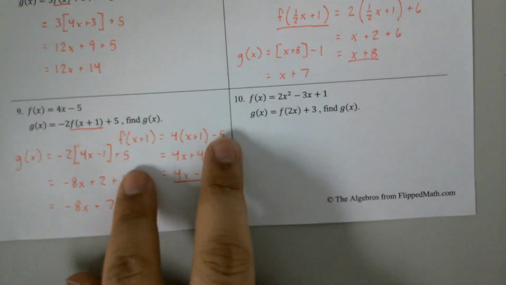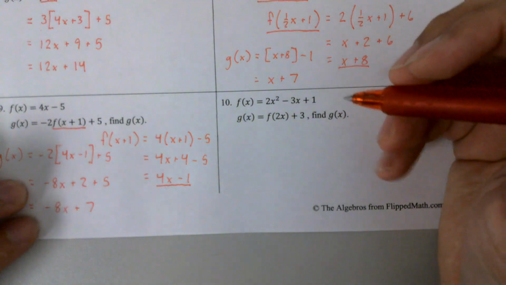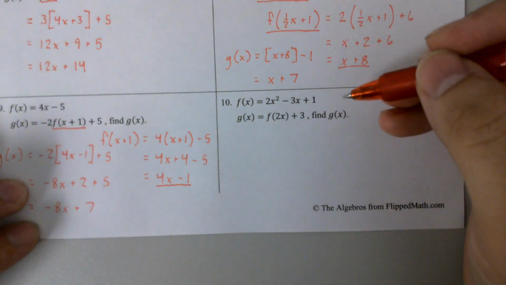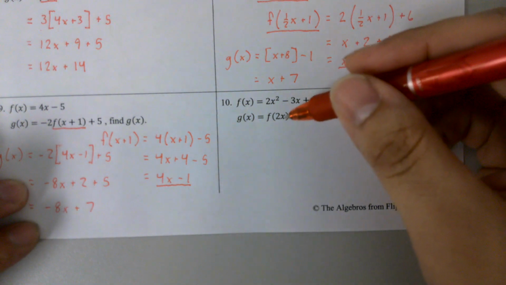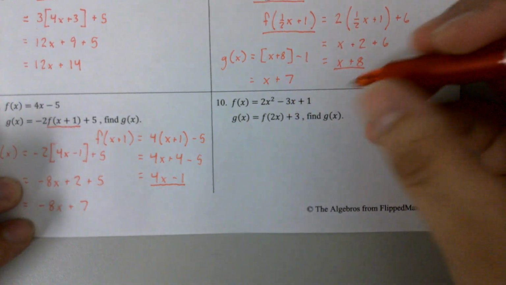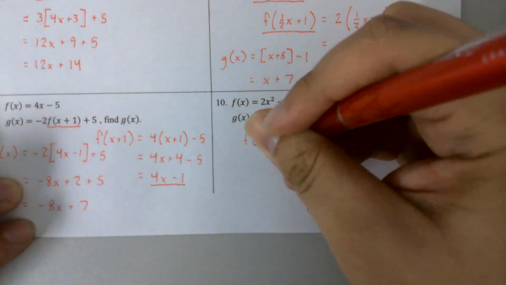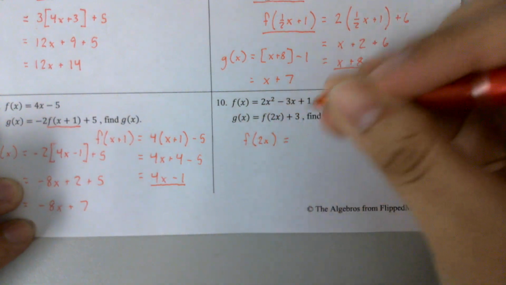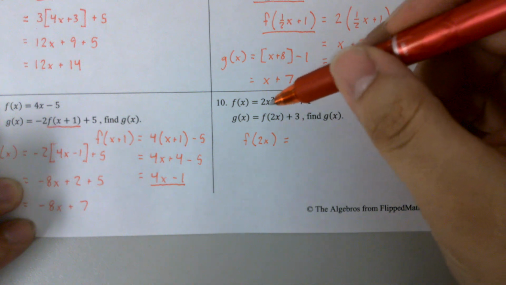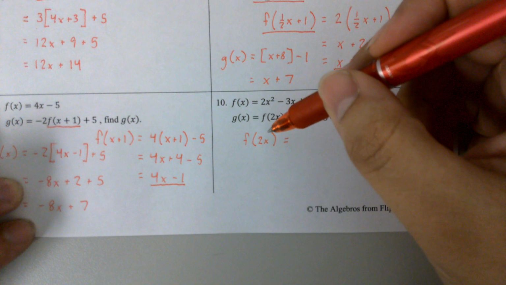And for the last one, let's look at number 10, at least on this side. So we have to figure out g of x, and we have to figure out what f of 2x is. So again, to figure that out, I'm going to just do f of 2x. And so this function up here, we have to replace these x's in particular with 2x.